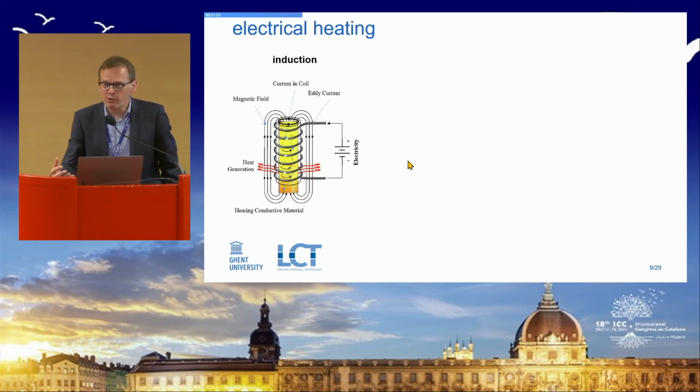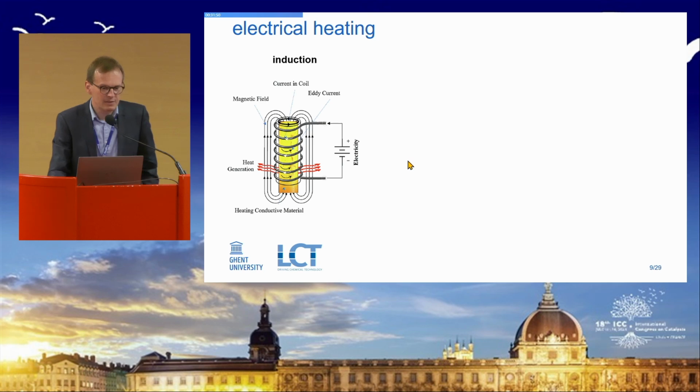So, a short overview of the various possibilities. Induction is one methodology essentially relying on magnetism and on alternating magnetic fields in order to generate heat in properly positioned material, with the right properties to respond to the changes of the electromagnetic field.